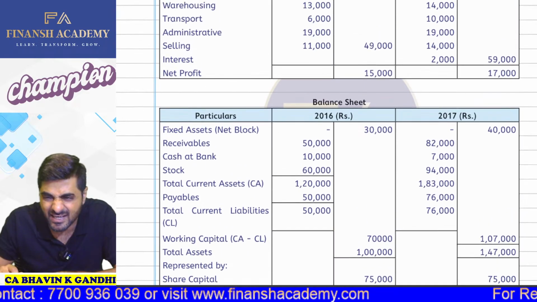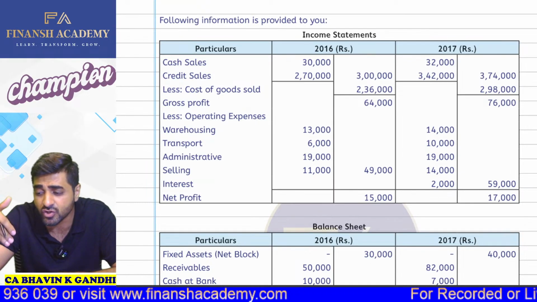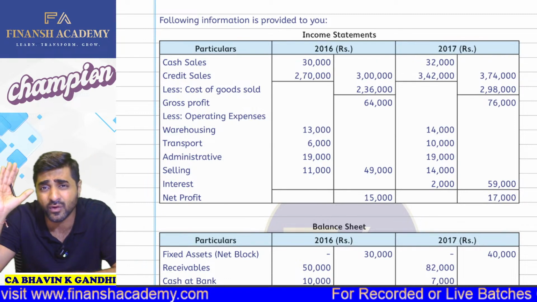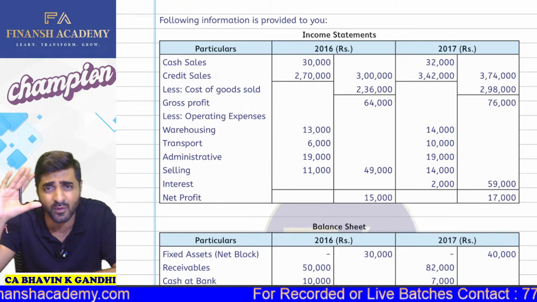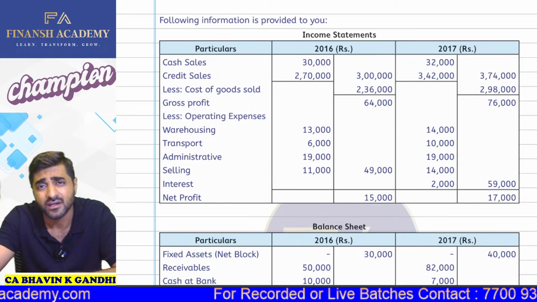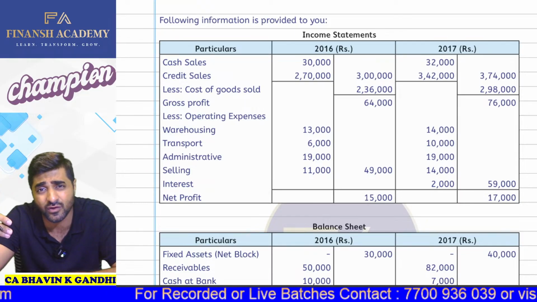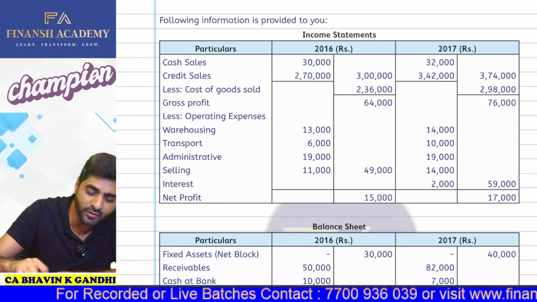So my dear students, in this entire question which we have read, we are required to calculate the ratios which I just told you. For these ratios, first we have to prepare two columns, for the year 2016 and the year 2017, and then calculate the ratios, substitute the figures and get the answers. Okay. So go to your notebooks and now write down.